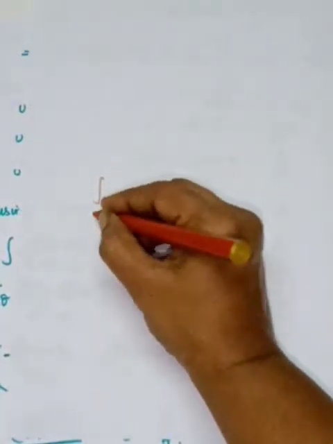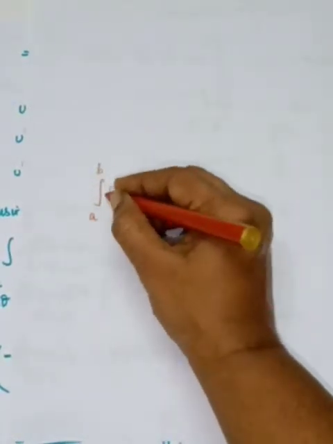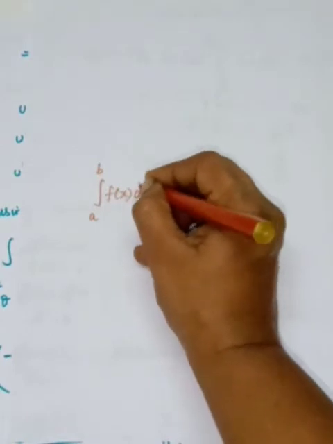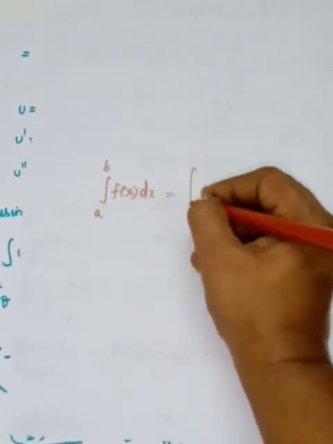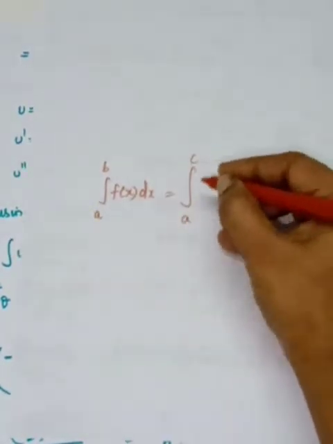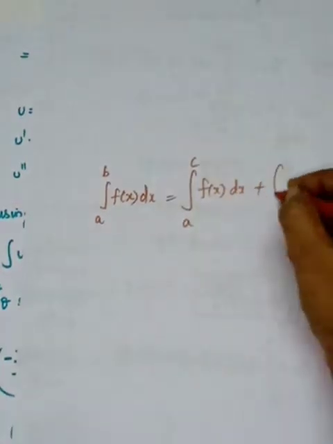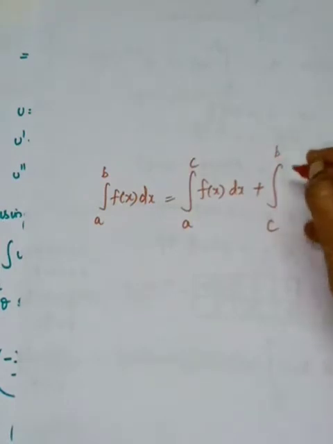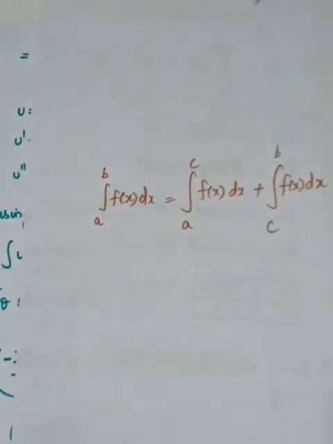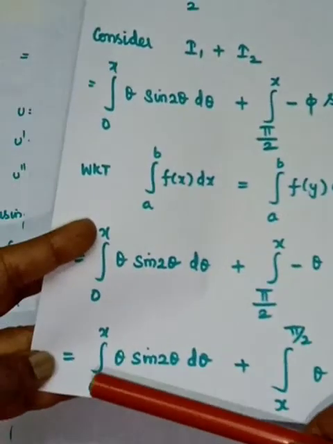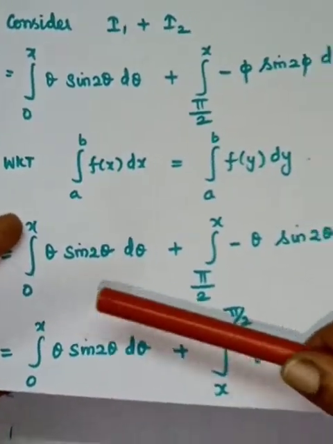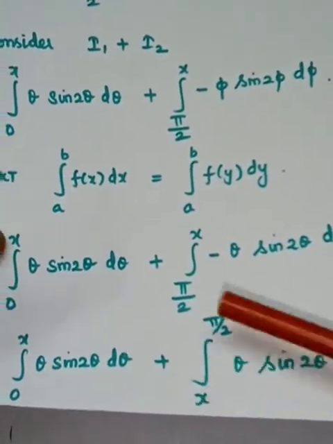The property is that the integral from a to b of f of x dx can be written as the integral from a to c of f of x dx plus the integral from c to b of f of x dx. So here you are having 0 to x, and here you are having x to pi by 2.